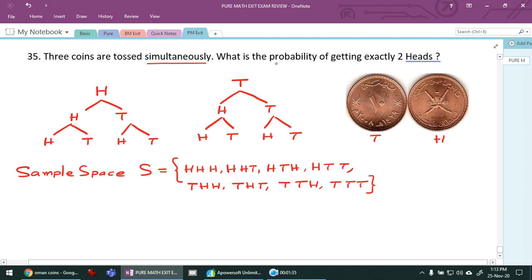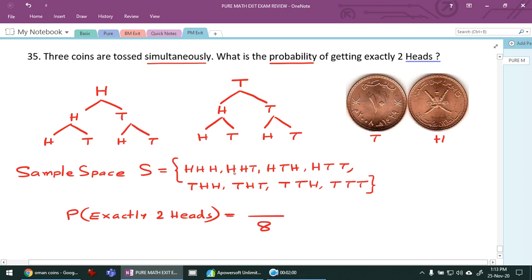Now what is the question? What is the probability of getting exactly 2 heads? Look here. How many outcomes do we have? 1, 2, 3, 4, 5, 6, 7, 8. So we have a total of 8 outcomes.